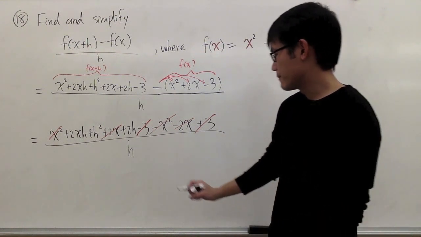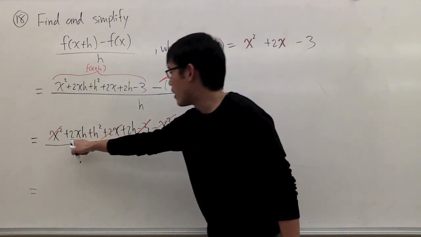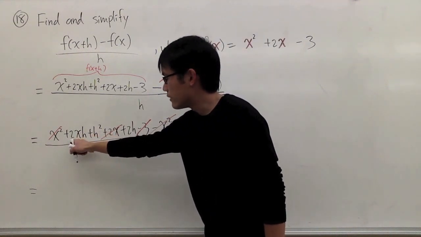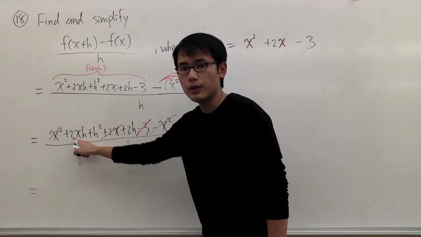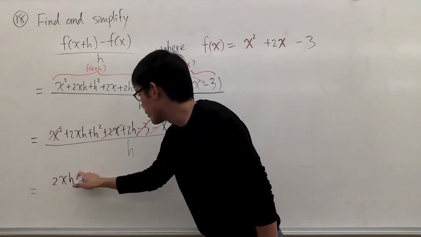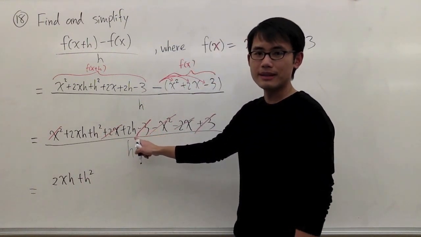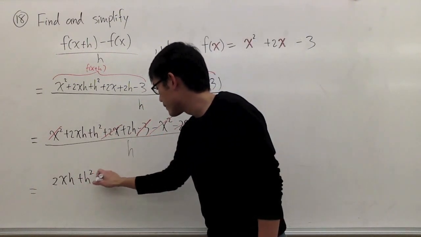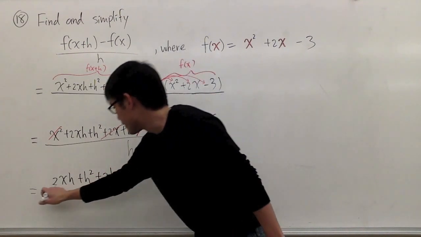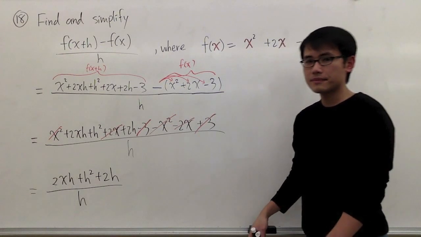So what's left? Let me just write it down. What's left over is 2xh plus h squared, and we also have the plus 2h right here, once again all over h.